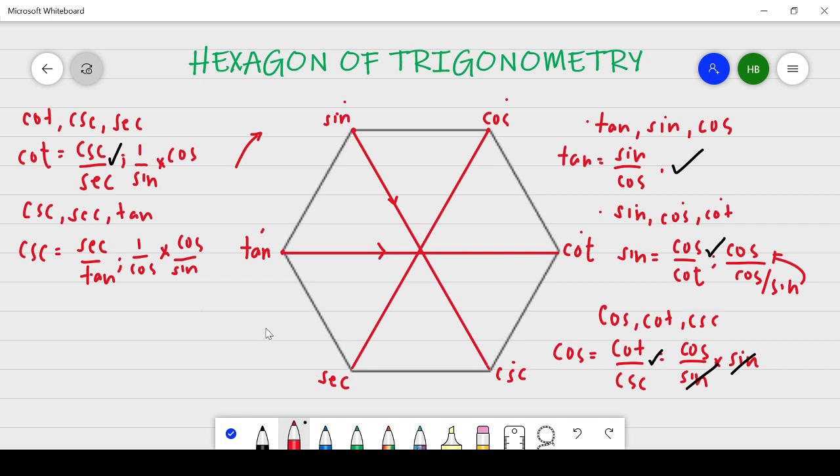So that will be, alright, cancel si cosine. So, 1 over sine matitira, which is your cosecant. Ibig sabihin, tama ulit itong panglima nating formula.